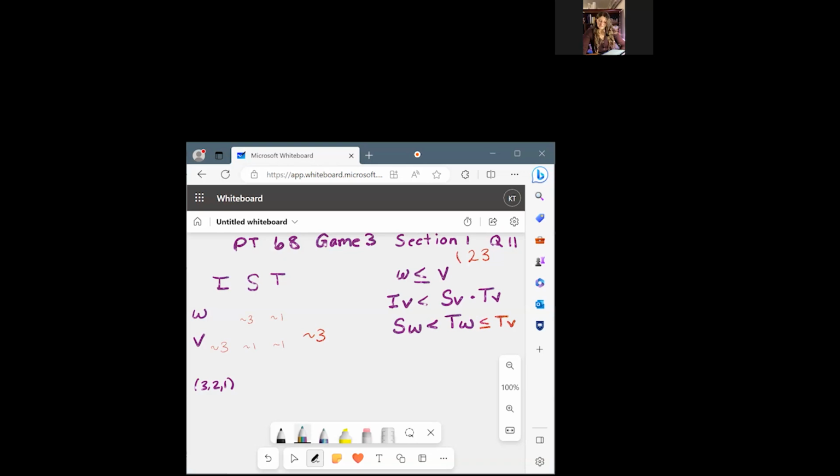What's the next thing I know based on our rules? If V is not 3, do I know anything about W? Try looking at rule 1. If V is not 3, what do I know about W?